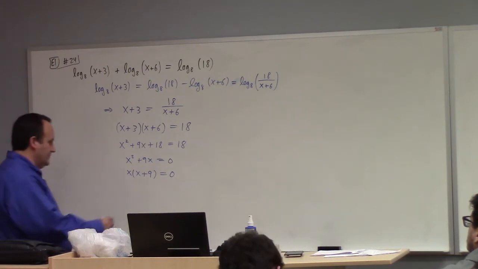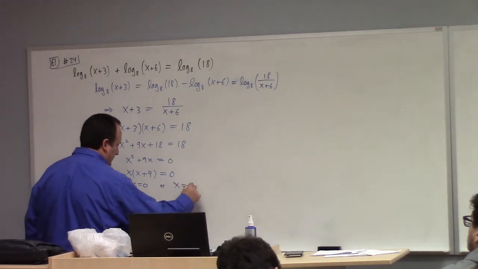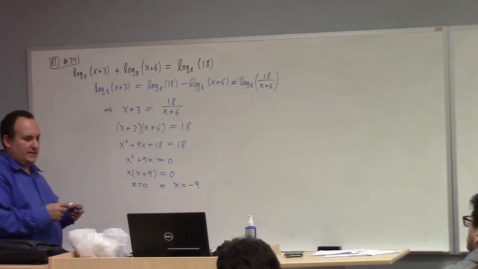Which gives us either what? x equals 0 or x equals minus 9. Yeah.